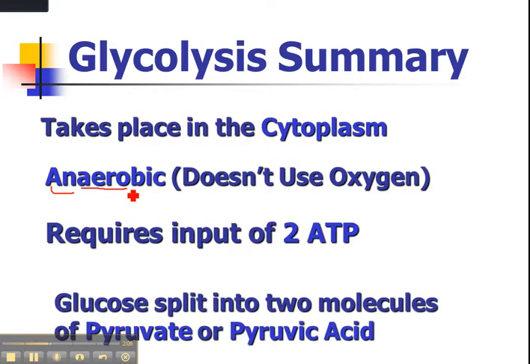Glucose, remember, is C6H12O6. So 6 carbons. We're going to pay attention to those carbons. So glucose is split into 2 molecules. Pyruvate has 3 carbons.